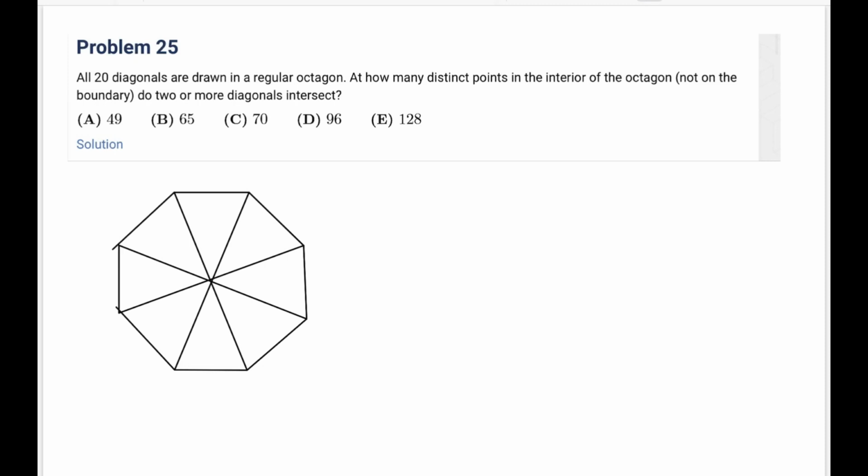And so if we draw some of the diagonals, it will be like this, and like this. And then there could be like this and like this, and then these would intersect these two.